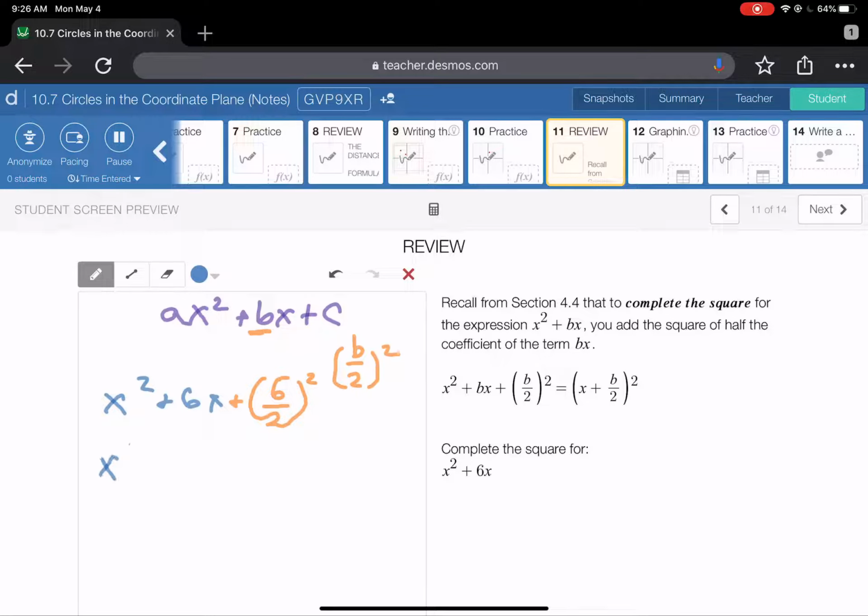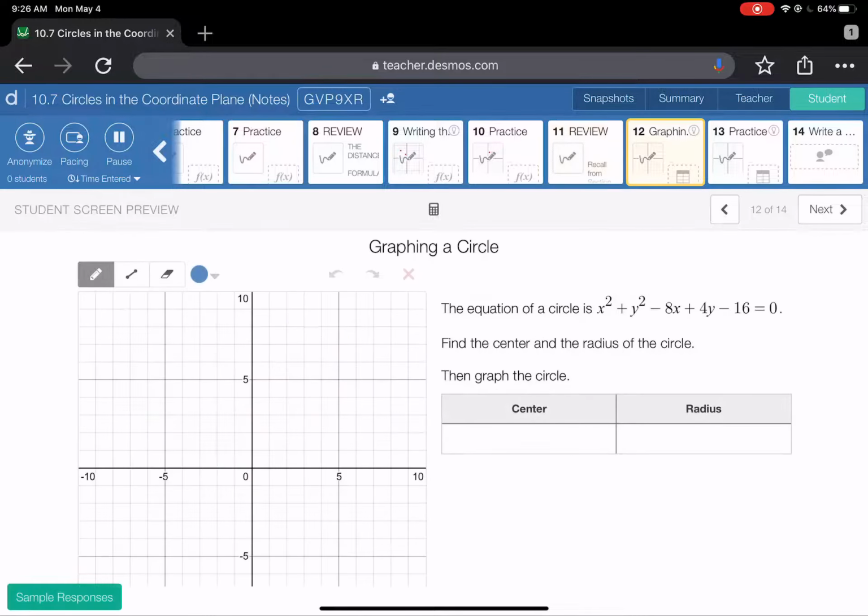So this is x squared plus 6x, and 6 divided by 2 is 3. If I square that, then my equation with the completed square is x squared plus 6x plus 9. And now this can be factored into a perfect square binomial. Okay, and that's what we're going to need for this next one.